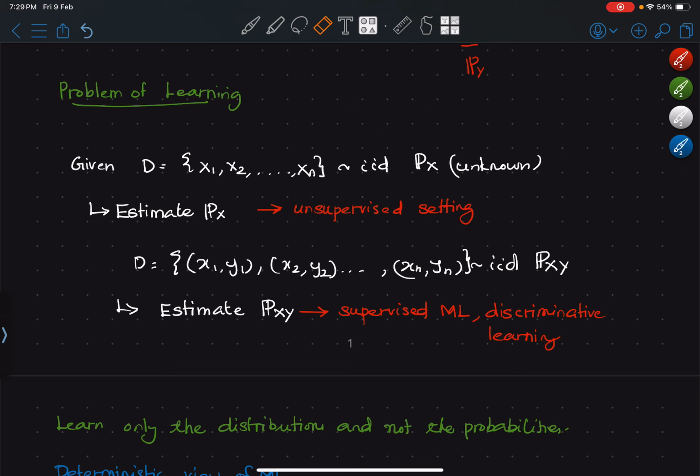In the unsupervised setting, we are not separating the spaces of data and labels, that is, features and labels. They are treated together. In the supervised setting, we separate them out: X and Y are two different spaces, but mathematically it doesn't make any difference at all.